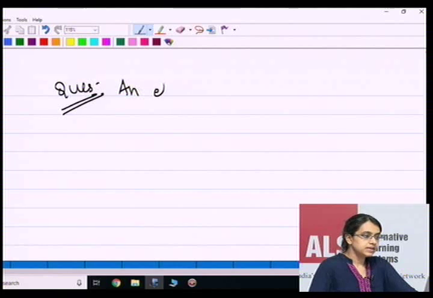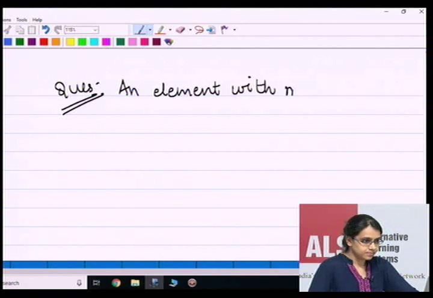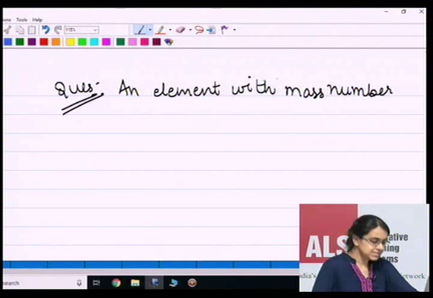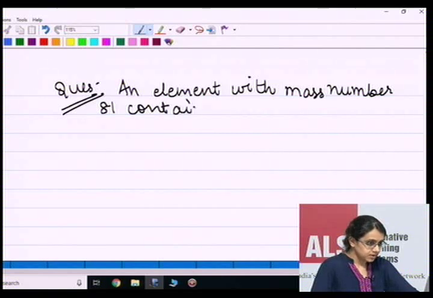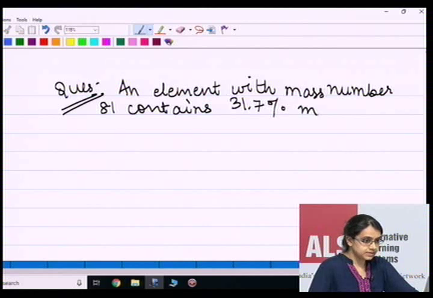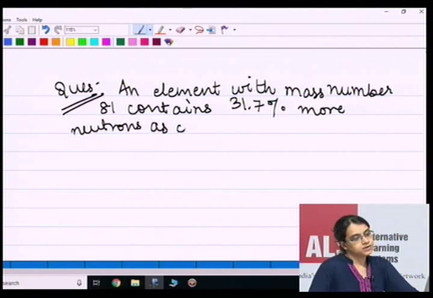Okay, so again, it's a slightly tougher question which has some mathematics involved. But again, nothing to worry. We all have great mathematical skills. An element with mass number 81 contains 31.7% more neutrons as compared to protons.